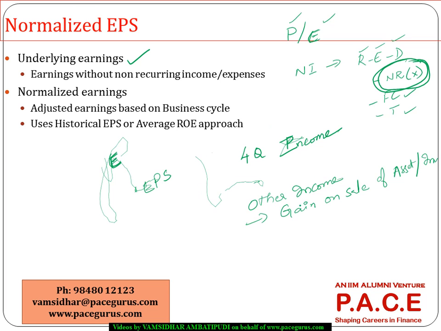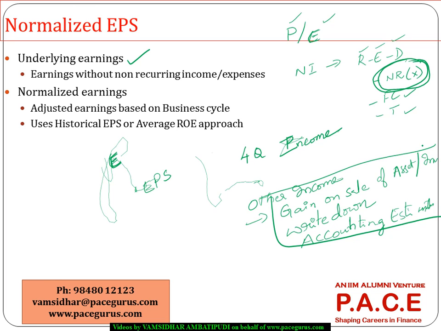Any kind of write downs that we are having, any loss that we have booked because of write down, and any kind of accounting estimates changing, and because of that some kind of losses that are being booked, all these things we are classifying them as non-recurring, which are included as a part of your net income, but they are non-recurring or extraordinary kind of item.